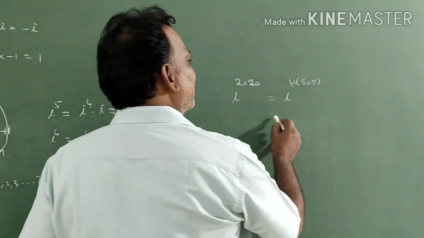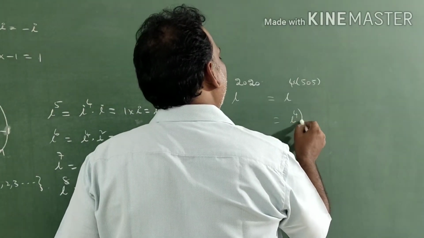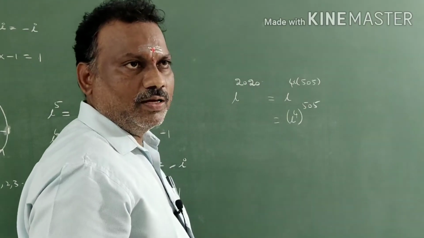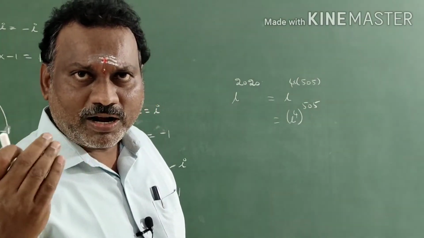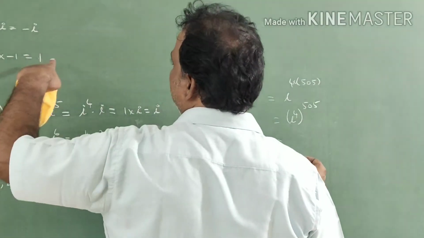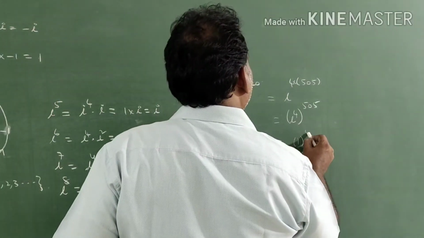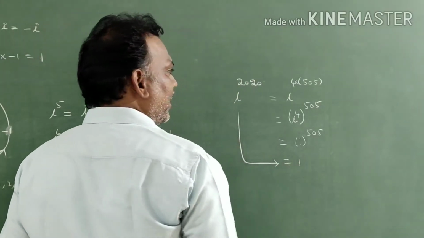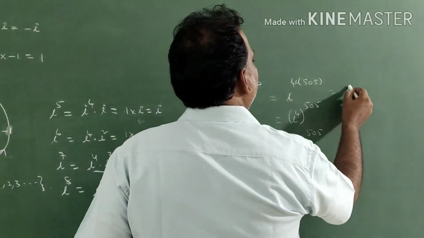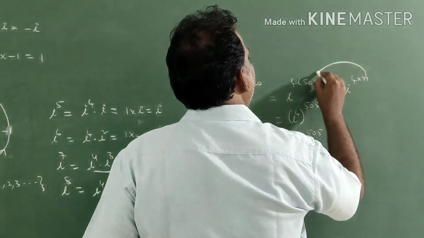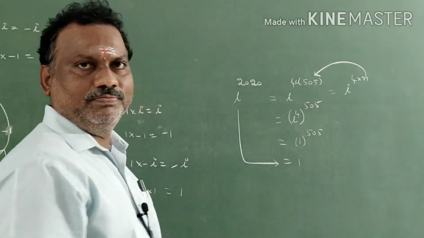I can write it as i to the power of 4, whole to the power of 5. a to the power of m, whole to the power of n, is a to the power of mn. The i to the power of 4 value is 1, and 1 to the power of anything is 1 only. So now you can understand clearly, any such number we express as i to the power of 4n.